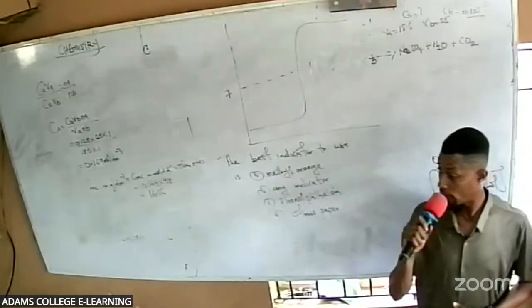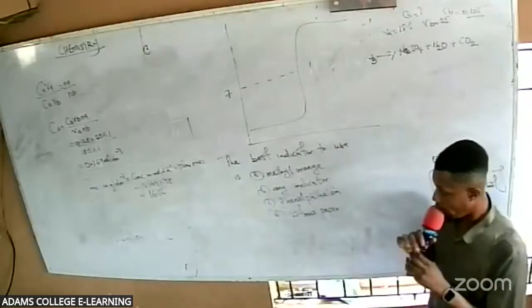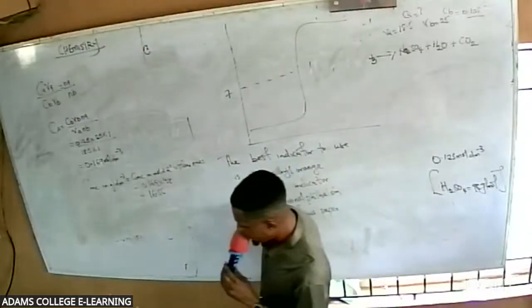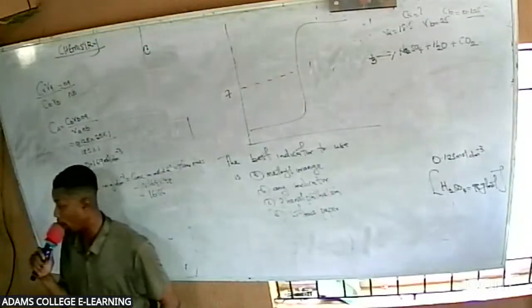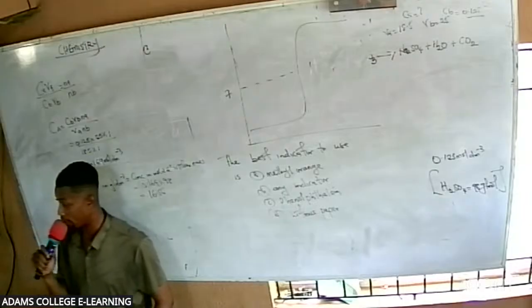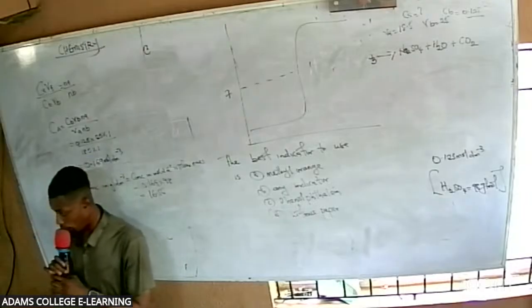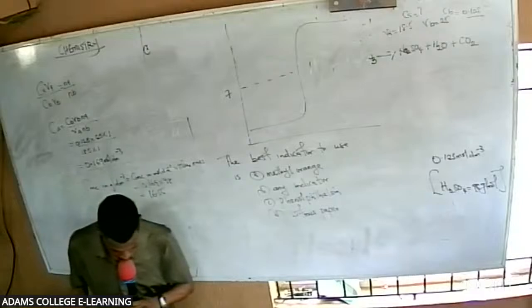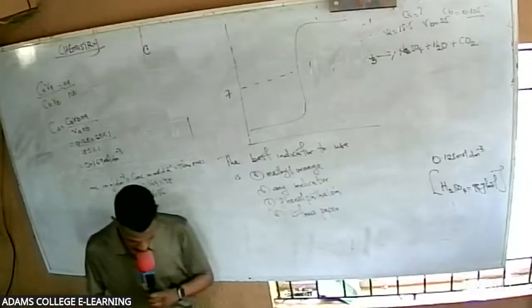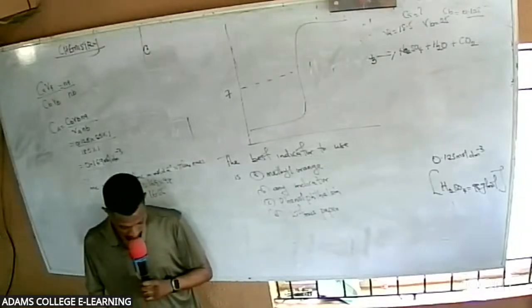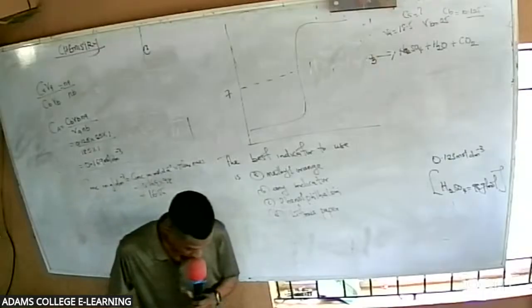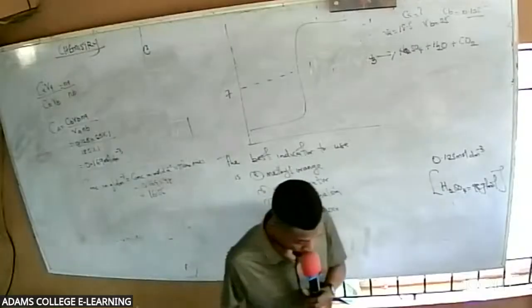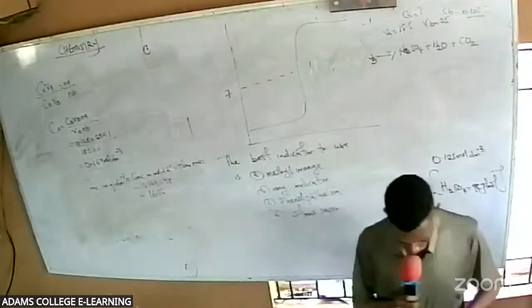Option A, 0.5 mole per dm cube of HCl. Option B, 2.0 mole per dm cube of HCl.